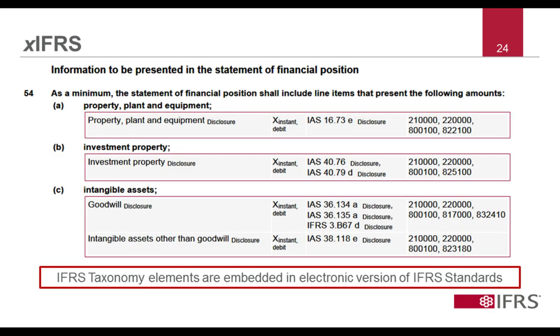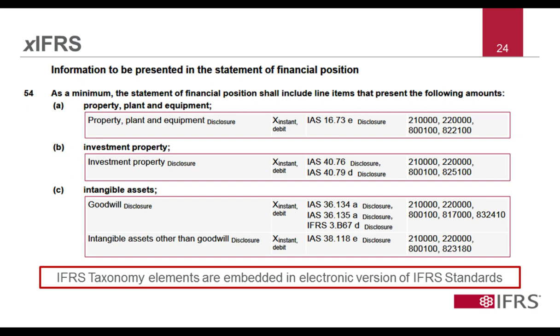Now, the third resource that we would like to show you today is IFRS. IFRS is available on the IFRS website for professional subscribers, and it is an online tool that allows subscribers to view IFRS taxonomy elements embedded in the IFRS standards.